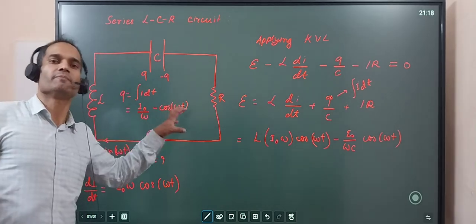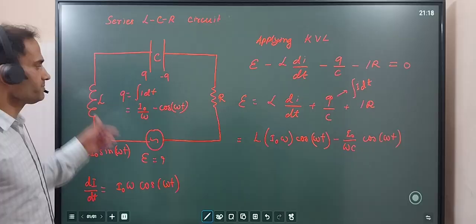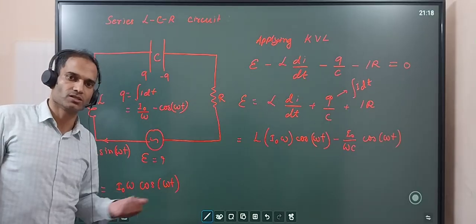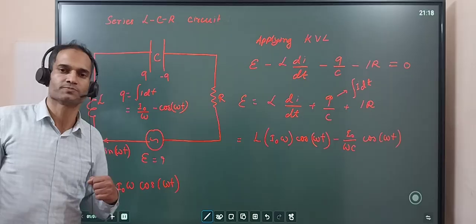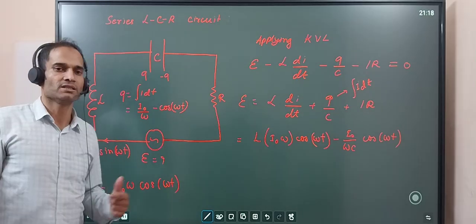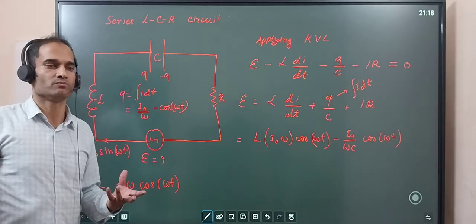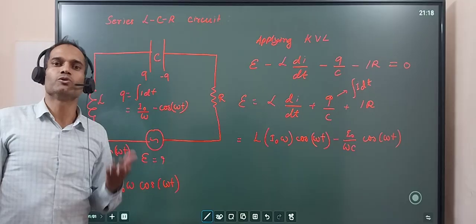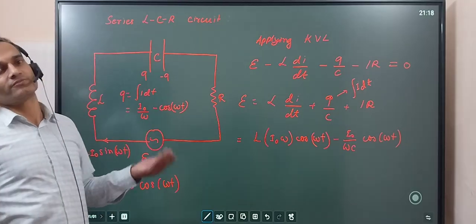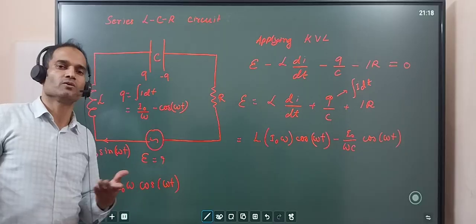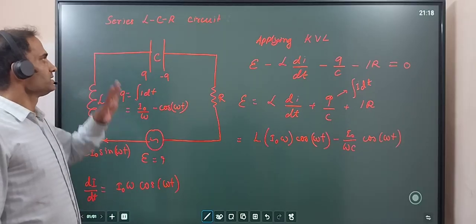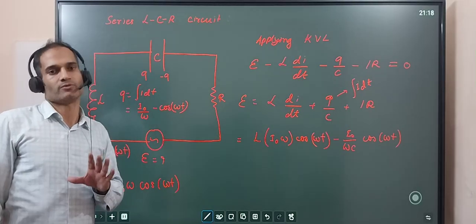Now you can see that when we did the integration, I did not write the constant part. This is explained in previous videos also. Net charge flow in a circuit is going to be zero over a period of time, over one period, two periods, n number of periods. On an average, there is no charge flow.